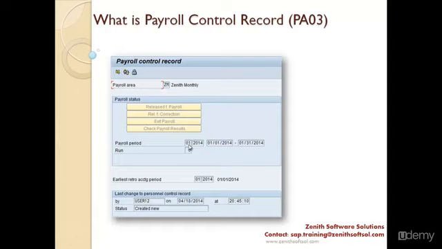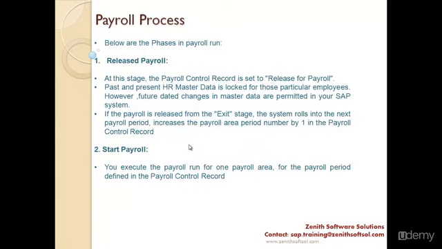The moment the first payroll period is done, it goes to the second payroll period. What it is saying is, if the payroll is released from exit stage, the system rolls into the next payroll period, increasing the payroll area period number by 1. If it is 2, it will be 3. If it is 3, it will be 4. So like that it increases.